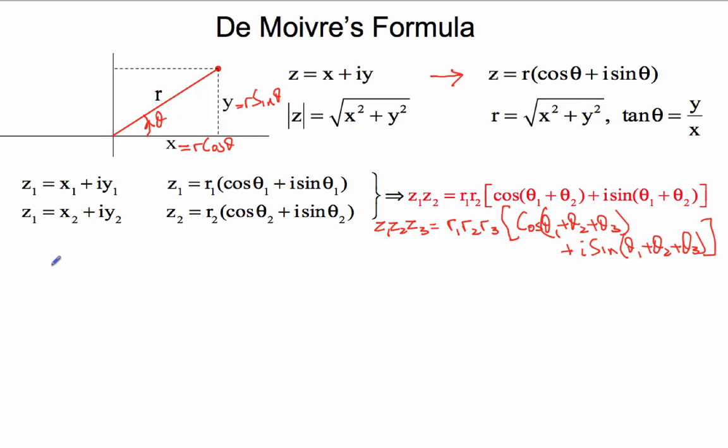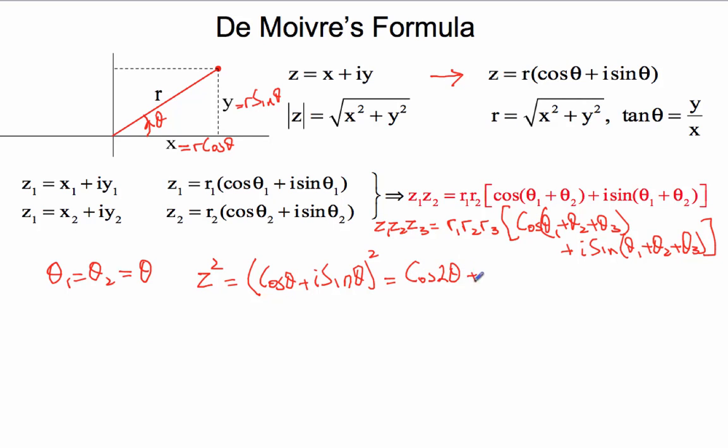Now, here's something interesting. Suppose theta 1 and theta 2 are both the same, and let's call that theta. And we can also make r1 and r2 the same. And so if you have z squared, and let's take r1 and r2 equal to 1, this will then be cosine of theta plus I sine theta multiplied by itself, or rather squared, and this then has to equal cosine of 2 theta plus I sine 2 theta.